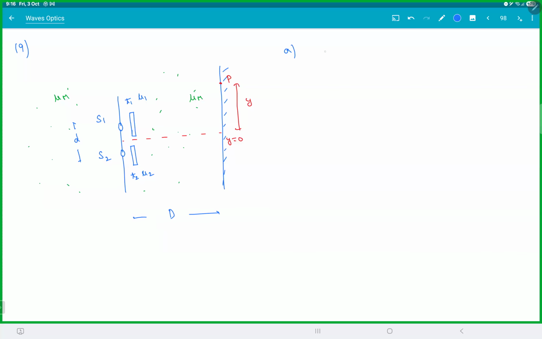Find the relation between T1, T2, mu1, mu2, and mu medium if the central maxima does not shift.